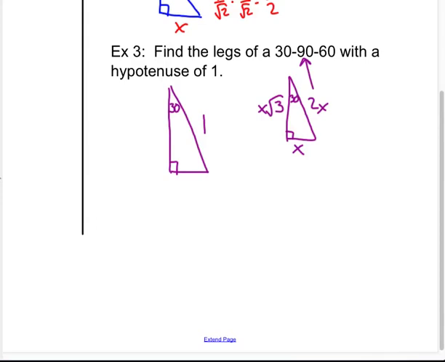Across from the 30 is x, across from the 90 is 2x, across from the 60 is x square root of 3, so you can kind of count in order. So we set this equal to 2x. Solving, we get 1/2 is the shorter side, and then we multiply that by the square root of 3 to get the longer side, and we're going to see all of these values, square root of 2 over 2, 1/2, square root of 3 over 2 in our unit circle, which is the next slide.